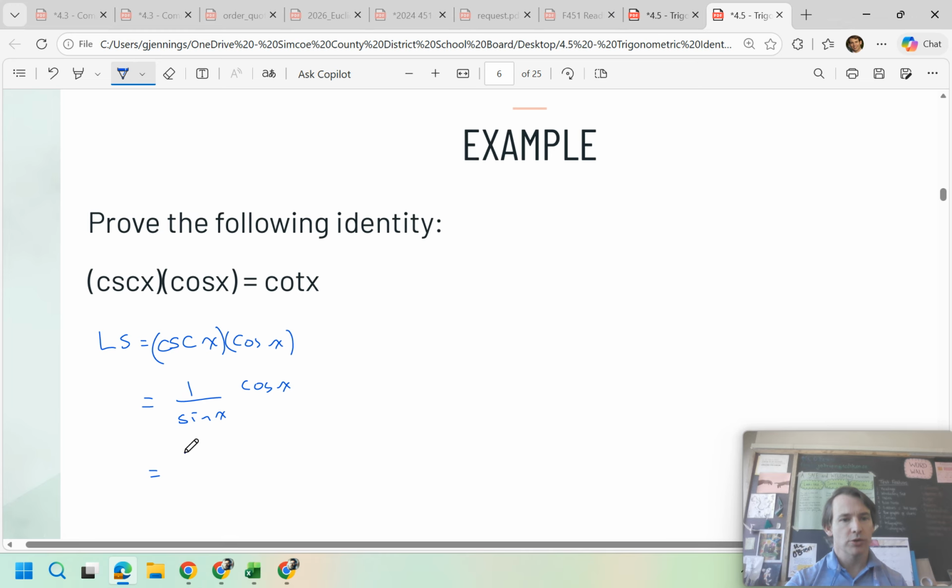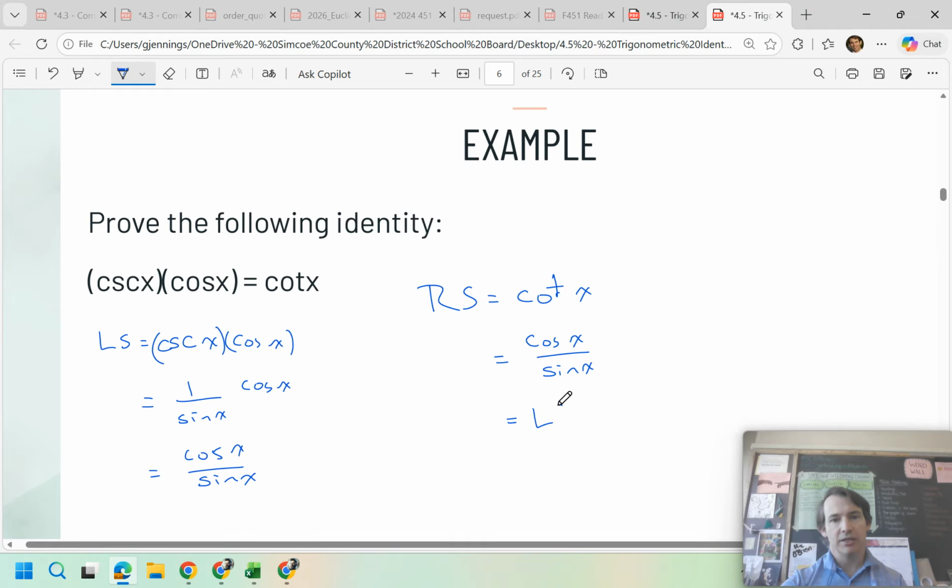And that's equal to cosine of x over sine of x. Okay, looks like I've gotten that into terms of cosine and sine, so I can't go any further with that. Now I work on the right side. Lo and behold, it's cotan of x. And cotan of x is just flipped tan, so I check my tattoo, and I find that that's equal to cosine of x over sine of x, which equals the left-hand side, QED.